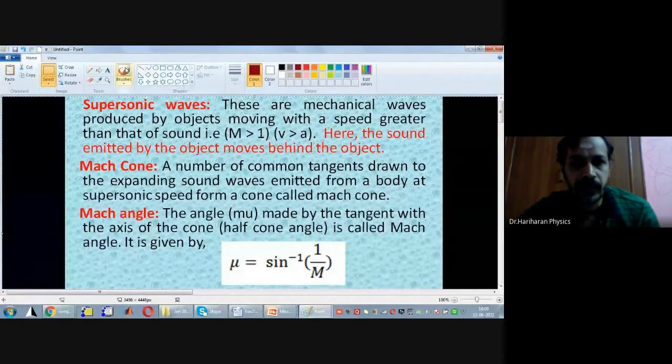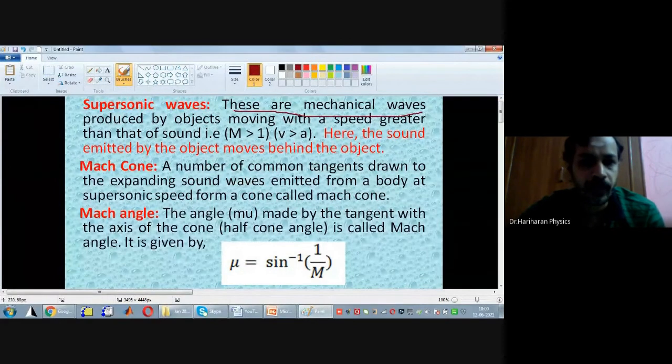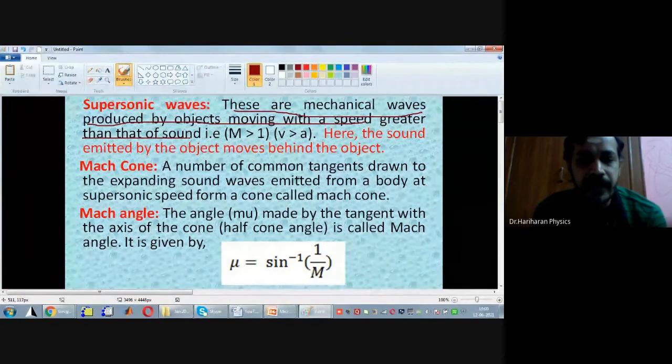These are the mechanical waves that are produced by objects moving with a speed that is greater than the speed of sound in a given medium. Look here, the speed of sound is 330 meters per second in air at standard temperature and pressure. Suppose you consider an object moving with twice the speed of sound, roughly 660 meters per second.